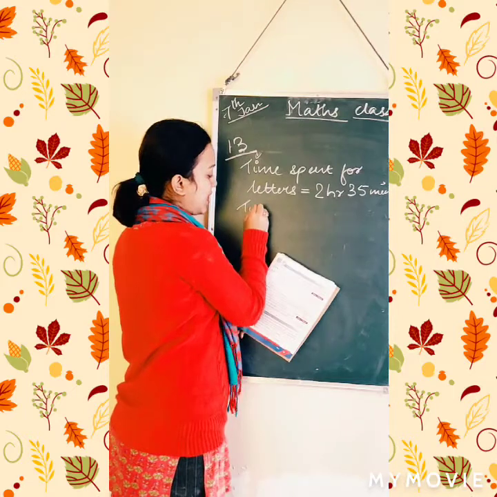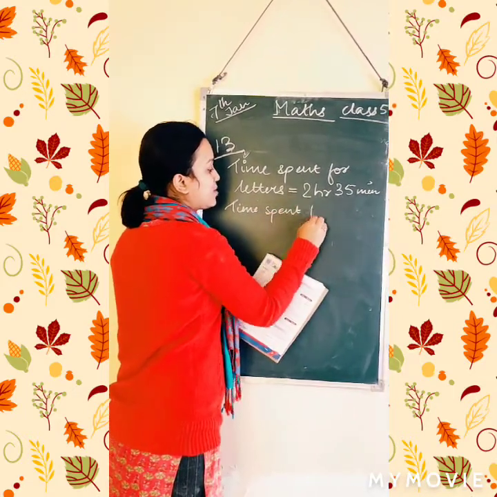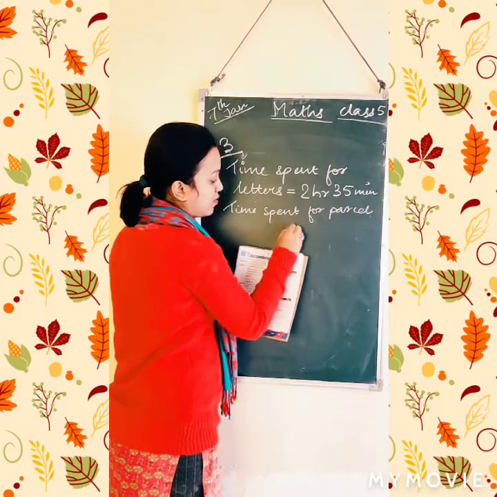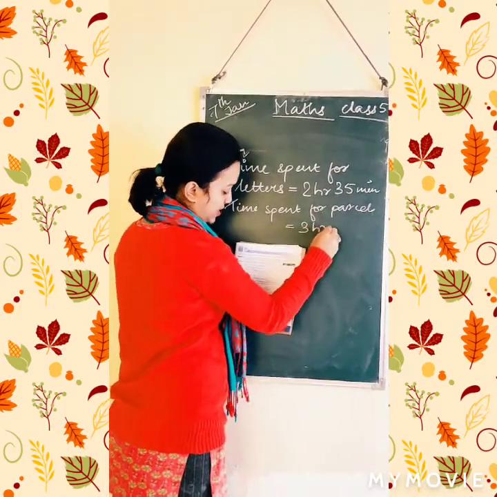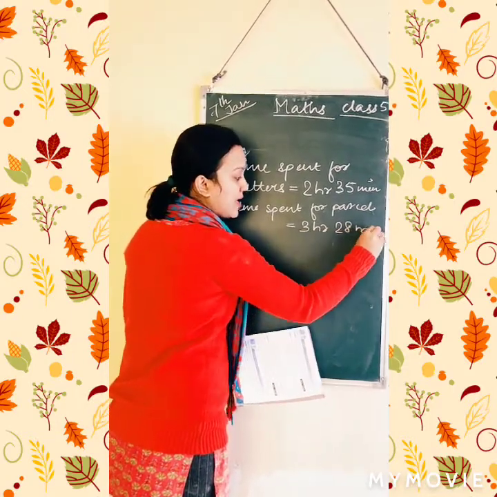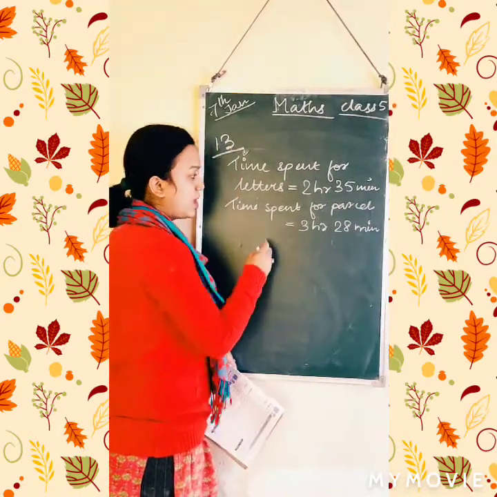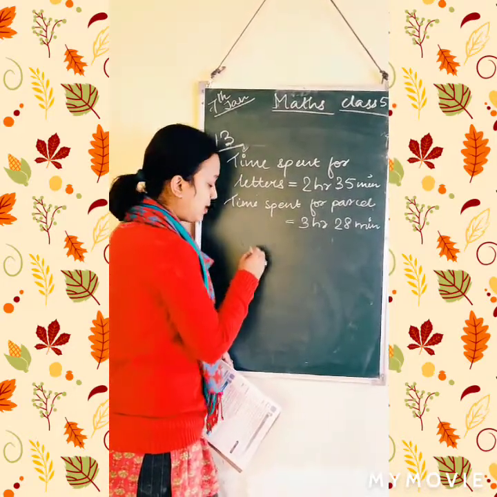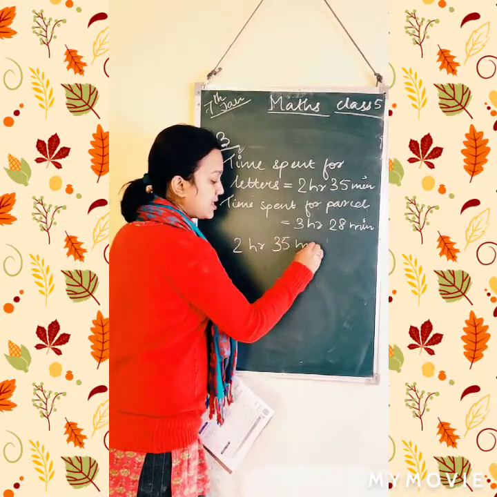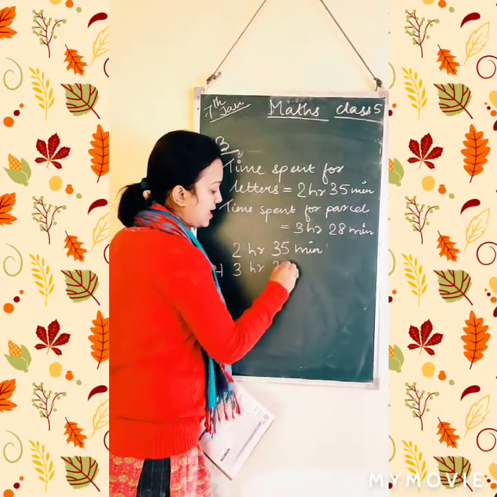Now the same thing, time spent for parcel is equal to 3 hours 28 minutes. Now your question is, for how long he was there in his job? So nothing, you have to add these two numbers. So 2 hours 35 minutes plus 3 hours 28 minutes.